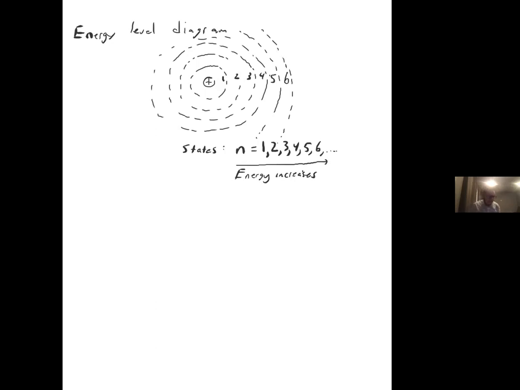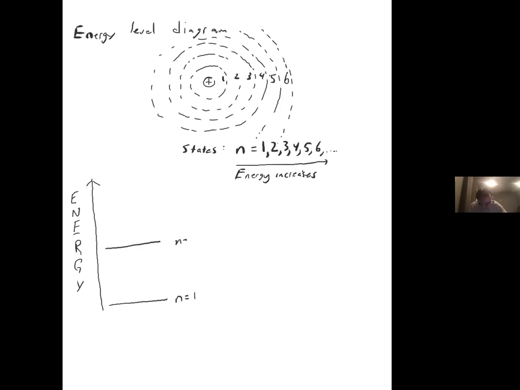So let's do the energy level diagram. I'm going to plot this out. These can be calculated, but I'm just going to show you a rough diagram. This diagram is not perfectly quantitative, but it's approximate. So here's the energy level for n equals 1. Here's the energy level for n equals 2.